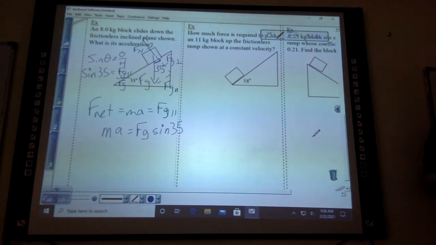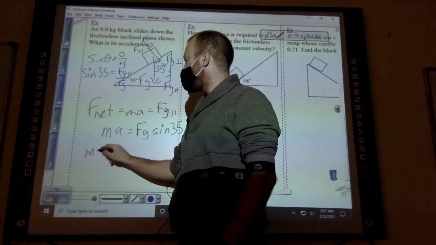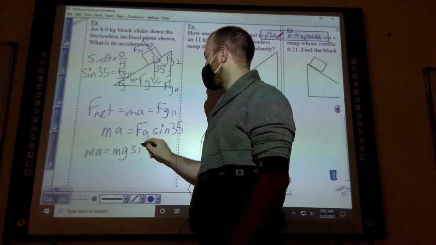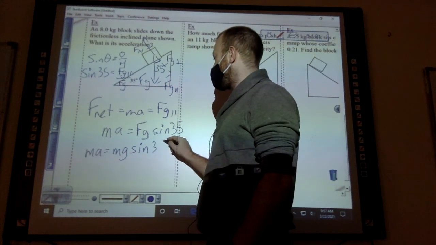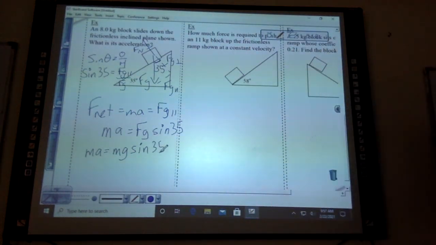So then I can figure out, I already know Fg, so I can plug that in. Ma equals mg sine 35. Notice with this, I don't even need the masses. They can cancel out, and it won't matter. So it doesn't matter what the mass is in this case.